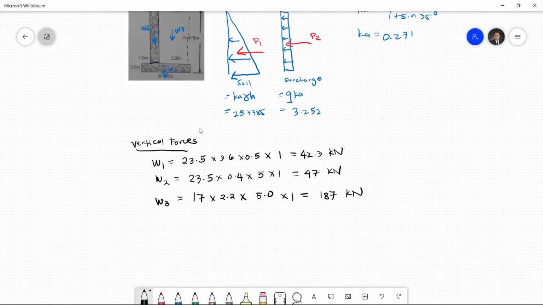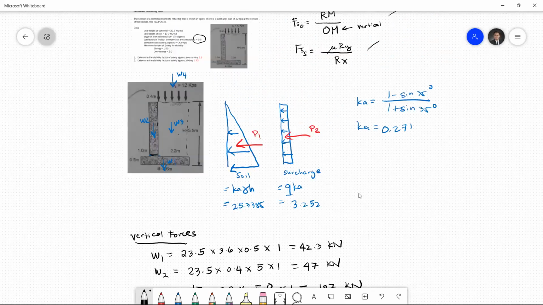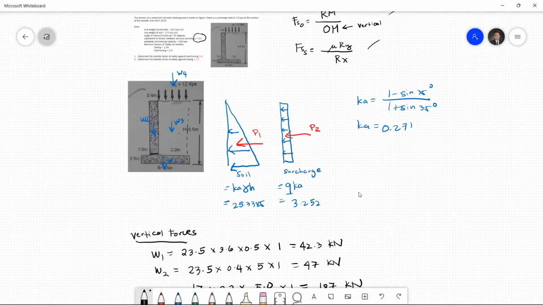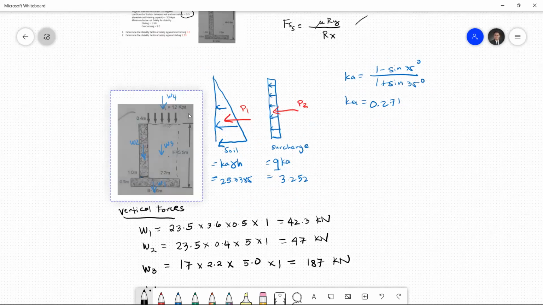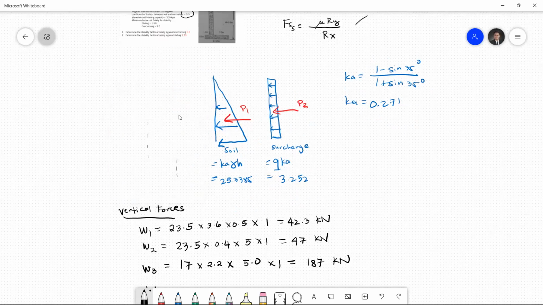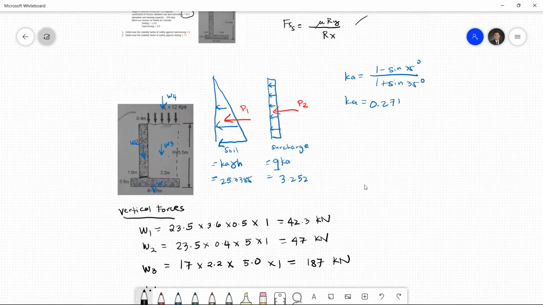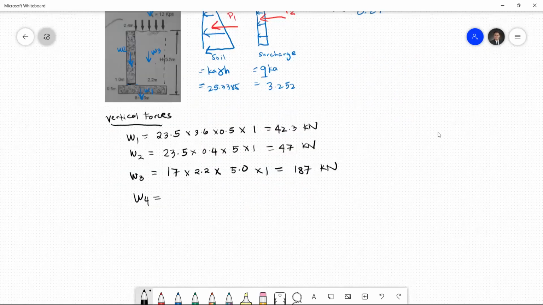And W4 is equals to dun sa surcharge load, that is 12 kPa times 0.4 meters, 12 kPa. Okay, 12 kPa, this one.